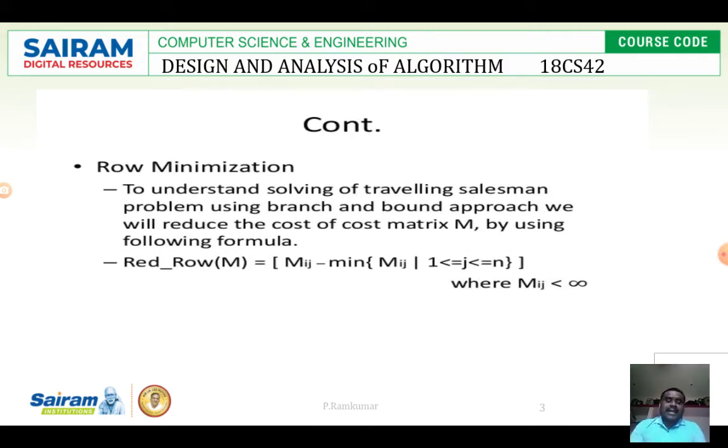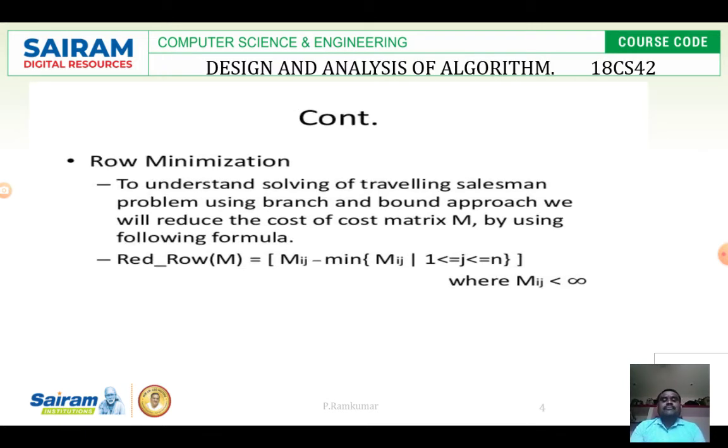So the next mechanism is called row minimization. In row minimization, we can use the branch and bound approach to solve the problem by reducing the cost matrix using the formula: reduce row of M is equivalent to Mij minus the minimum of Mij, such that the j value lies between 1 and n, where Mij is less than infinity.